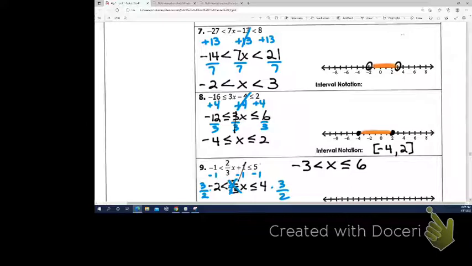So you can't see my numbers here, but I believe this is where 6 is, and that one is closed. And then all the way back to wherever negative 3 is. Open. Wherever that is, I want to say that's negative 3, even if I count it wrong. And then our shading is, of course, still in between.